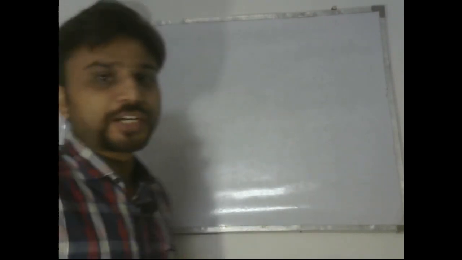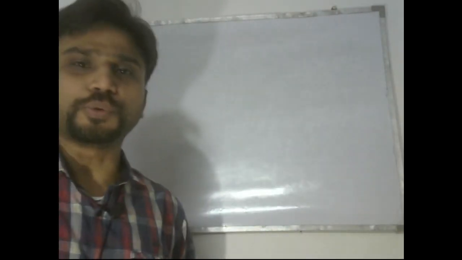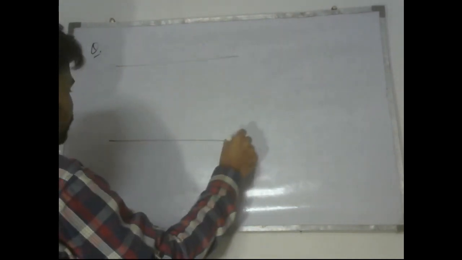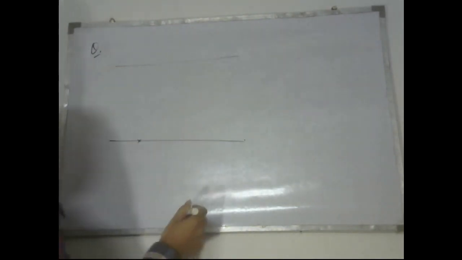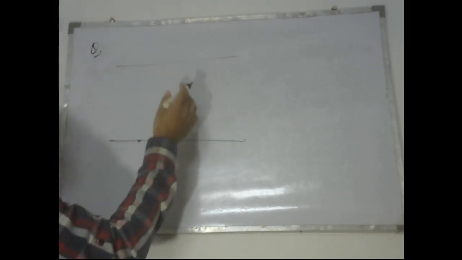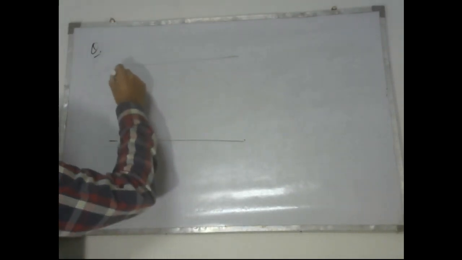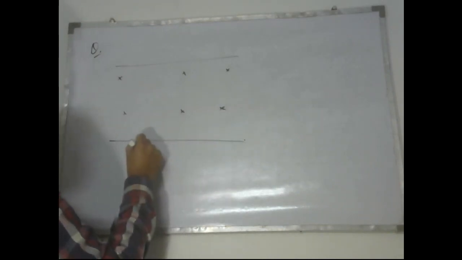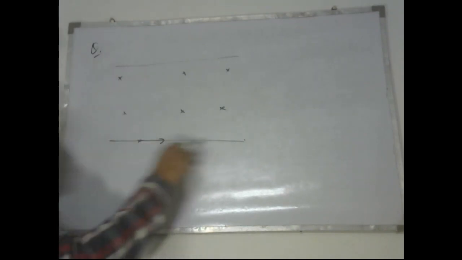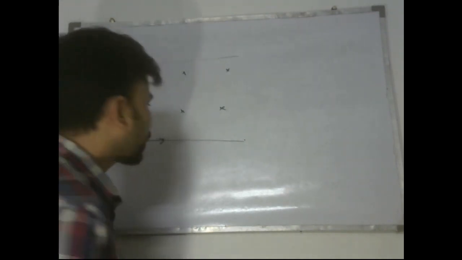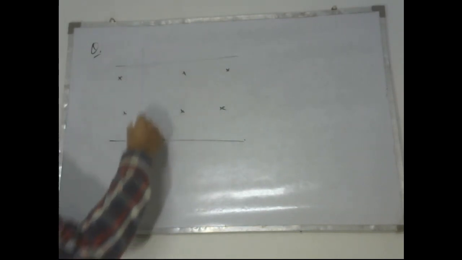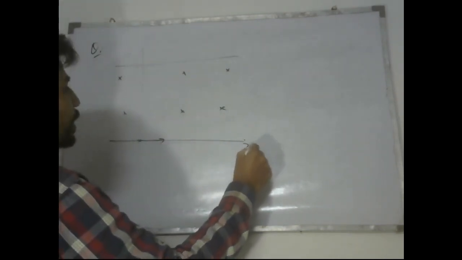So we have a charged particle, charge q, and there is a magnetic field present in space. The magnetic field is probably inward, and the charged particle is entering the field at some point, grazing the field at its lower interface. So let's say this is some x-axis and this is some y-axis.